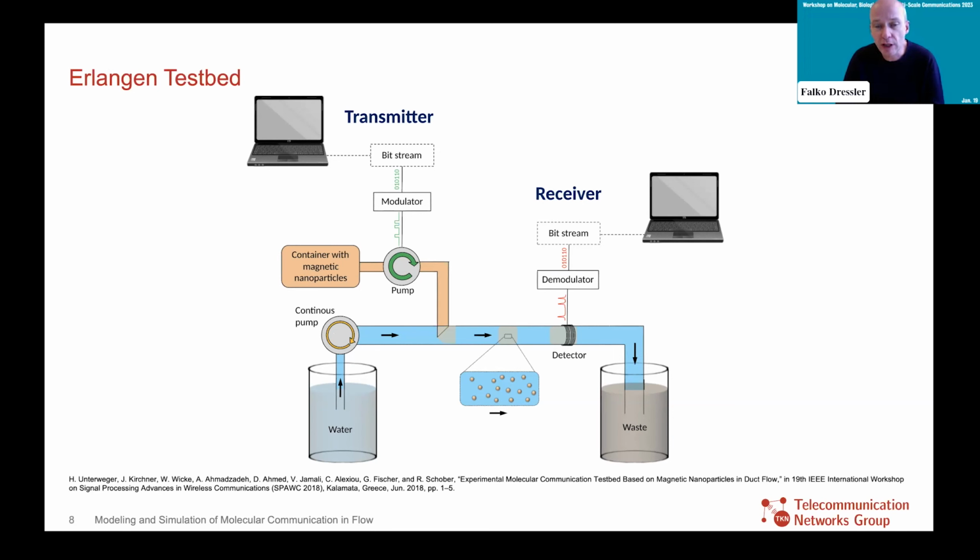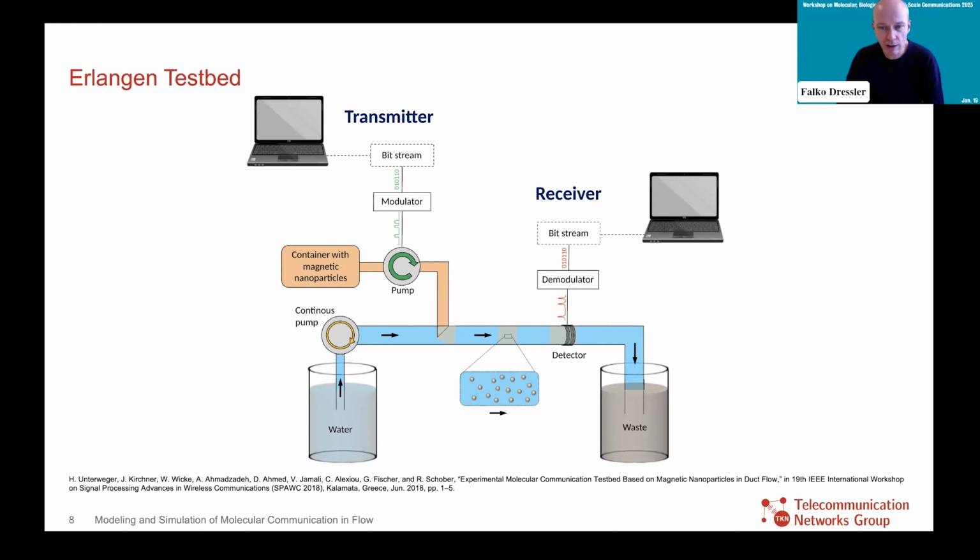And we are able to inject molecules, in this case magnetic nanoparticles that we can magnetize on demand, into this flow, and we can later on, at a different position, measure whether we observe some of these nanoparticles by having a detector, in this case just an inductive detector for magnetic particles.